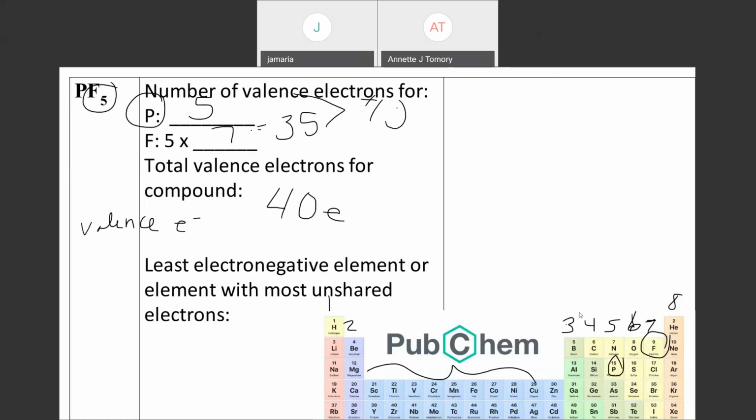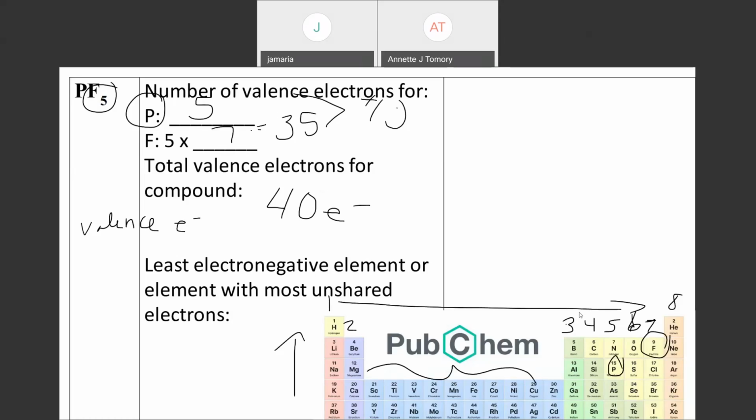All right, so now we have to figure out what's the least electronegative element. So what's the trend for electronegativity? It increases from left to right. That's right. It increases as we get closer to fluorine, up and to the right. Okay, so what's the least electronegative?